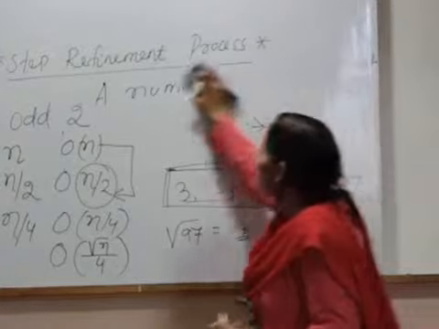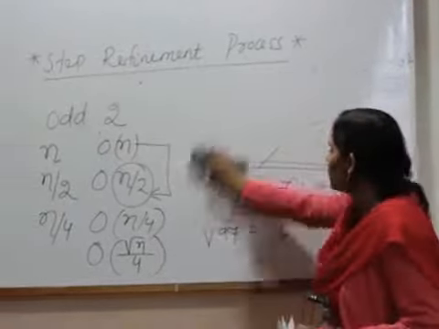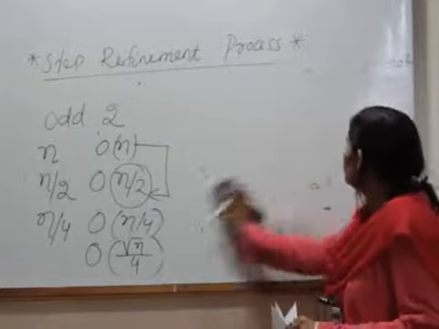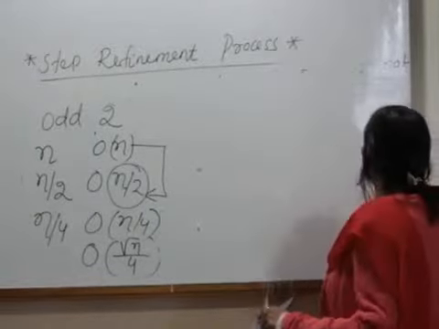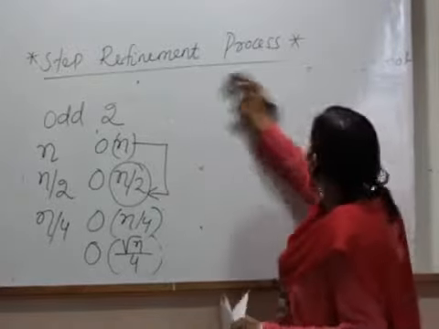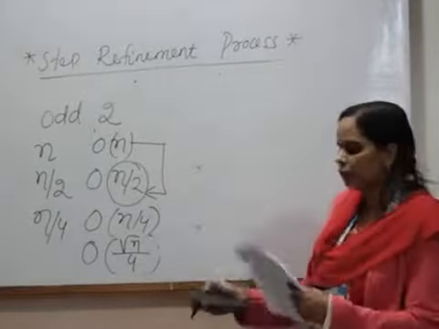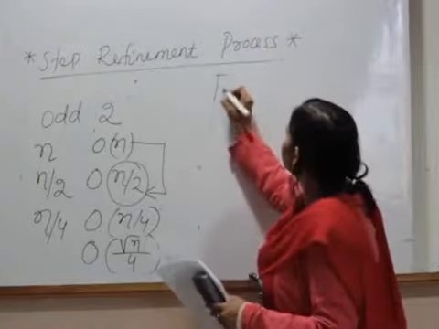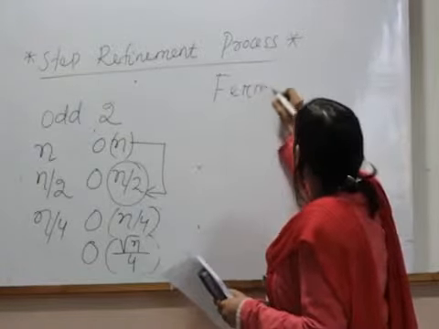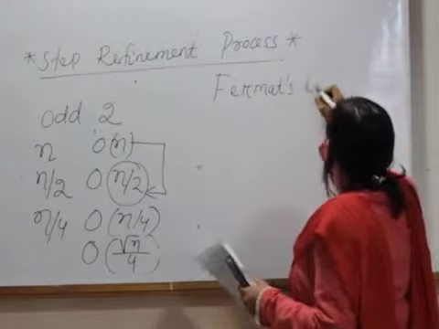Next step is how to prove the correctness of this particular algorithm. For the correctness we have to use Fermat's little theorem.